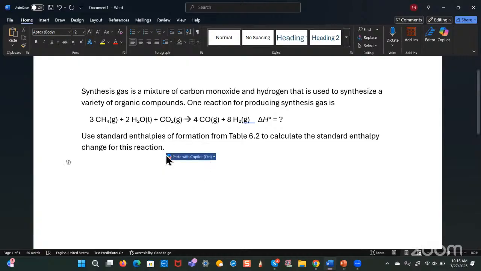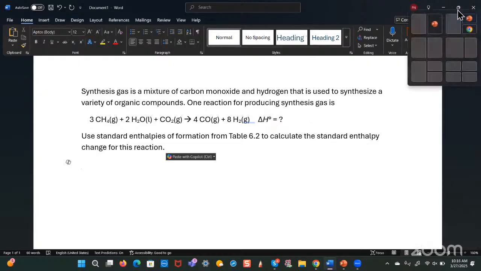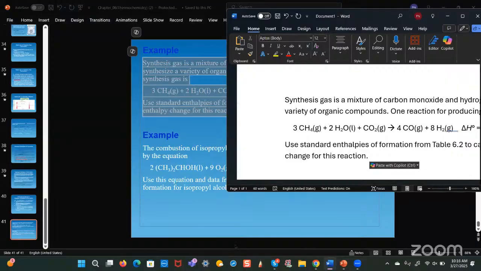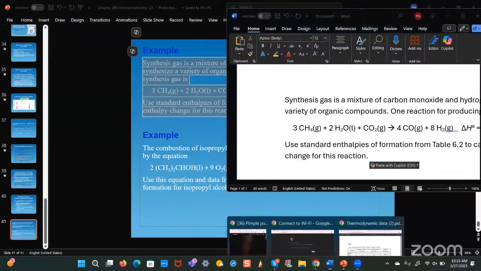So the question gives you, oh shoot, I'm going to need a table. The question gives you this equation here, and it's asking you to find the delta H of this equation using the values in the table here.